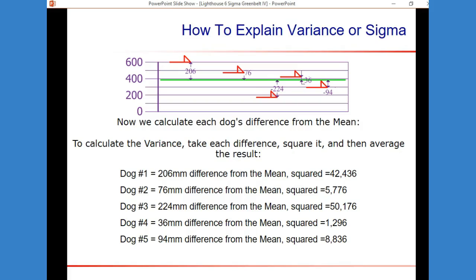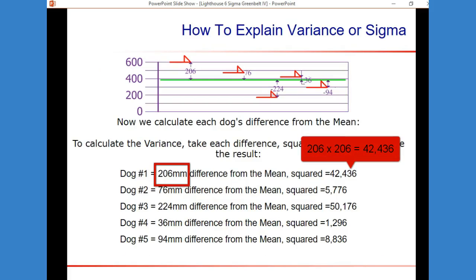So now I want to look at the variance. So we calculate each dog's height difference from the mean or the average, and we square each one, which is when you multiply a number by itself. So if I take the 206, which is the difference from the average to that tallest dog over there, that big old Rottweiler, he was 206 millimeters from the average.